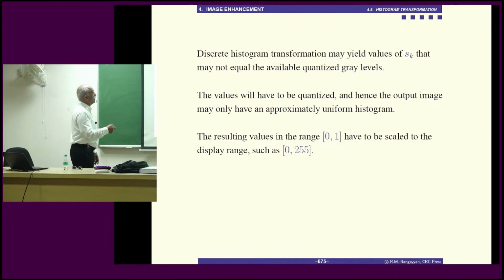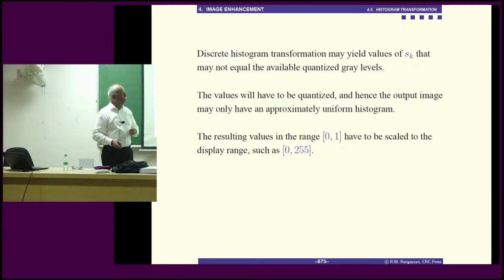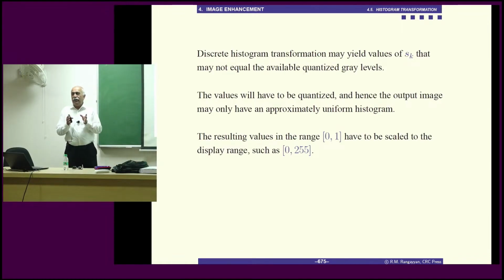Discrete histogram transformation will yield values of s_k that may not equal the available quantized values for display. You have to multiply that by 255. The values will have to be re-quantized, and hence the output image may only have an approximately uniform histogram, but it is not.